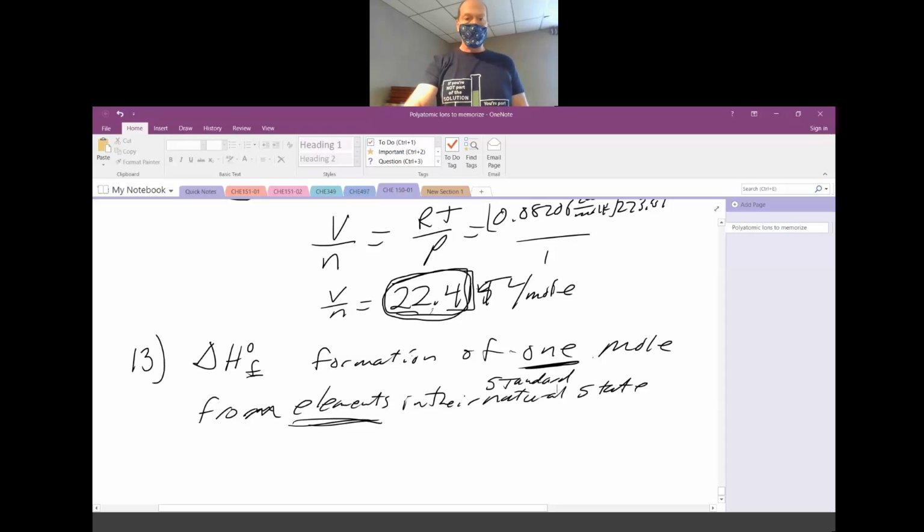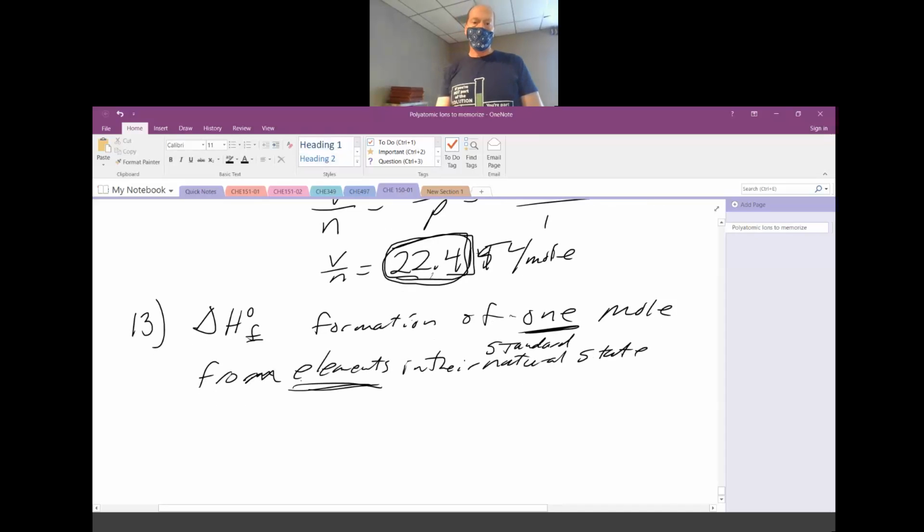And so when you have HCN, which is our problem here, we're going to form 1 mole of HCN from elements in their natural or standard state. Hydrogen is diatomic. You have to know that. So the standard state of hydrogen is H2. The natural state of carbon is not diamond, it is graphite.